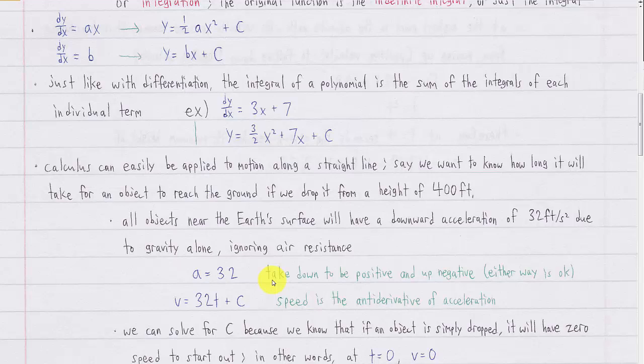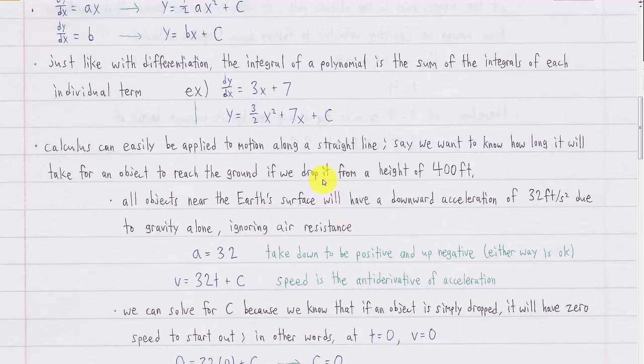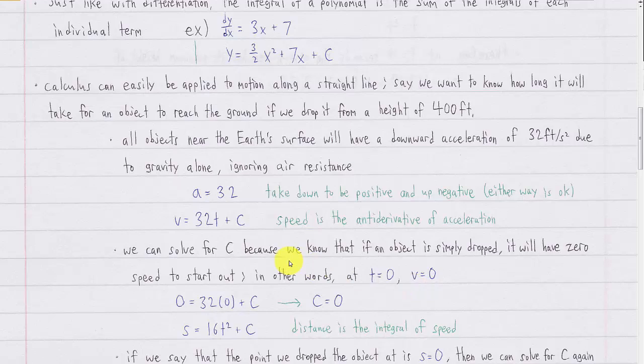In this problem, we dropped a ball, so if you just drop something, it's initially starting out with 0 speed. So we know that when t equals 0, the speed is equal to 0. We can use that to solve for the c, and we find that c is also equal to 0.